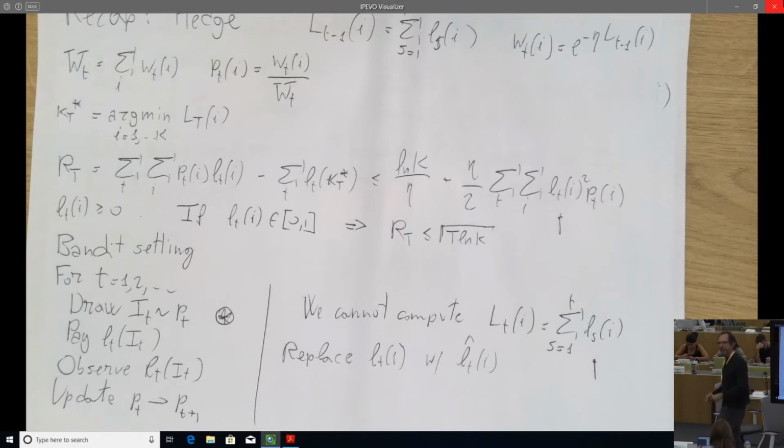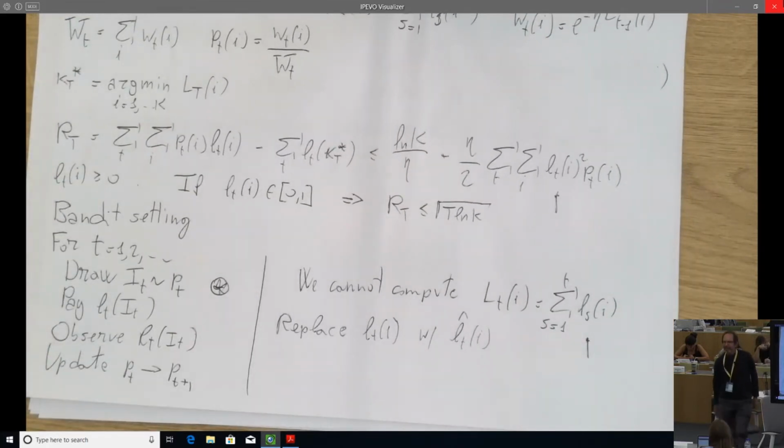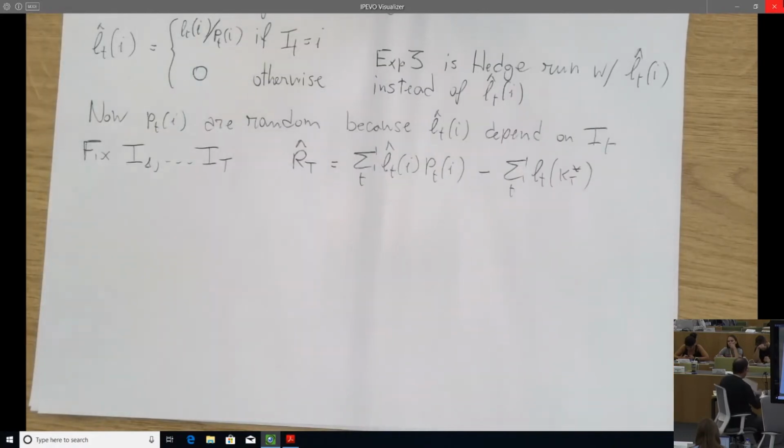Everything is worst case as before. Thanks for your question, because it's useful, I think. Partial information about the loss vector: one component instead of k. So that's what you're missing. Right. So please do ask questions.